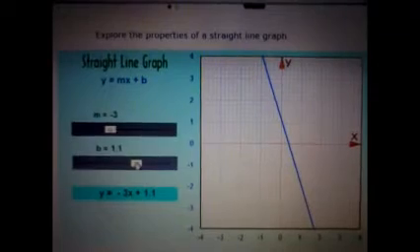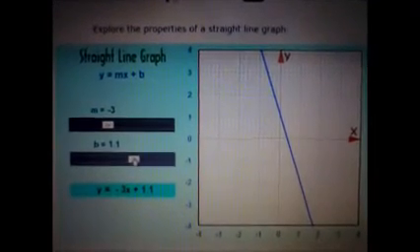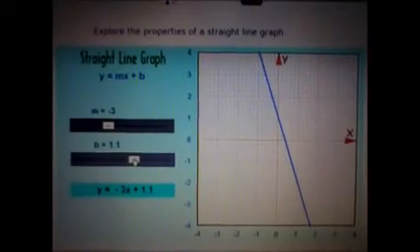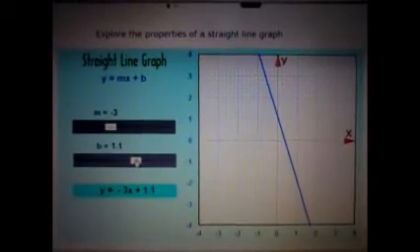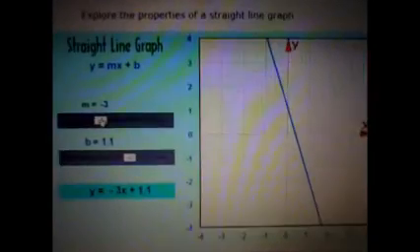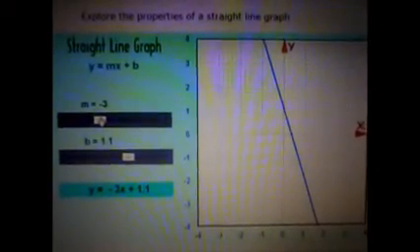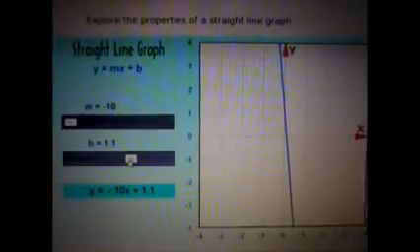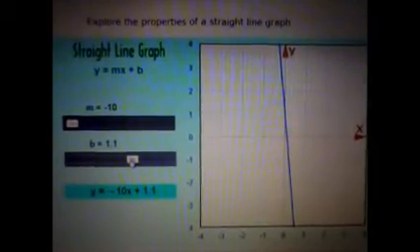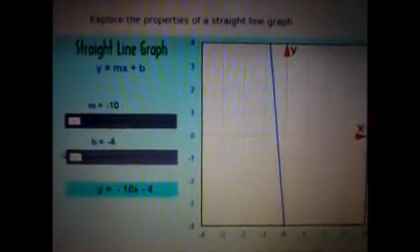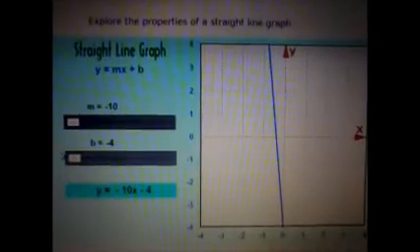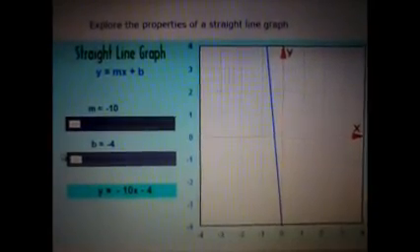If you encounter difficulties in making graphs, Math is Fun is a great help for you. By setting the values of the slope and the y-intercept, we can easily determine the graph and its given equation. For example, if m is equal to negative 10 and b is equal to negative 4, the equation will be y is equal to negative 10x minus 4.